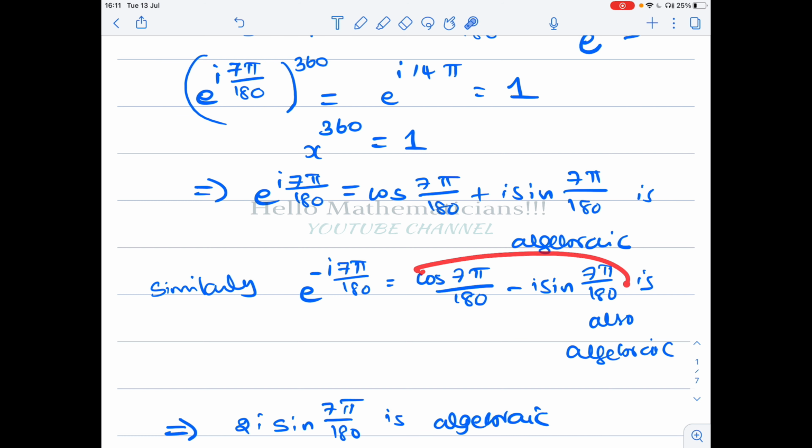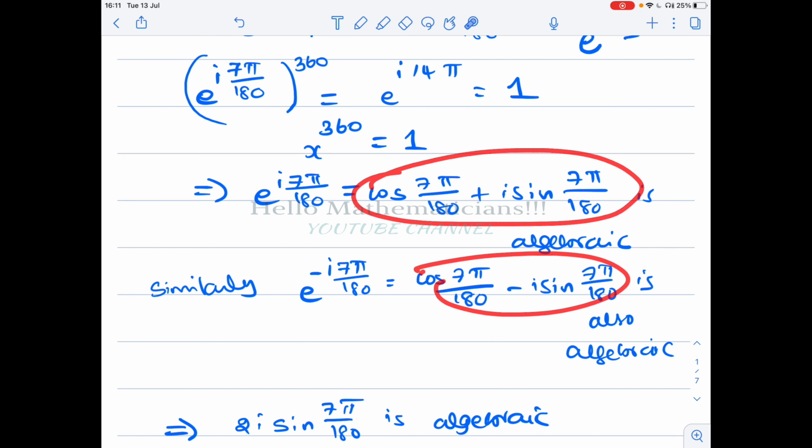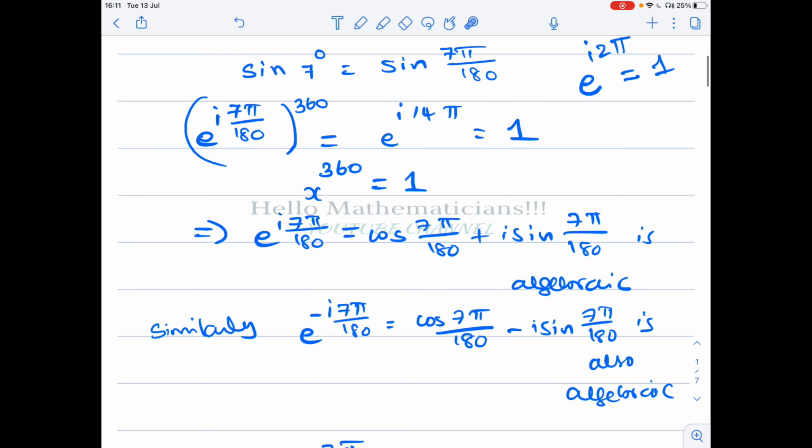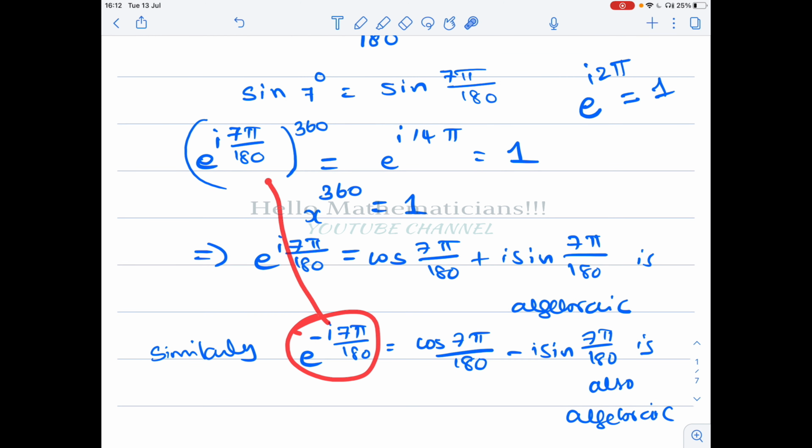Cos is an even function, so the minus goes, and sin is an odd function, so the minus comes out. This number is just the complex conjugate of the previous number. This is a polynomial over rational numbers, in particular over real numbers, so the coefficients are real. Complex roots occur in pairs: whenever z is a root of a polynomial with real coefficients, its conjugate is also a root. Or you can simply put this number in and do the same calculation, you will get 1. Therefore, these two numbers are algebraic.